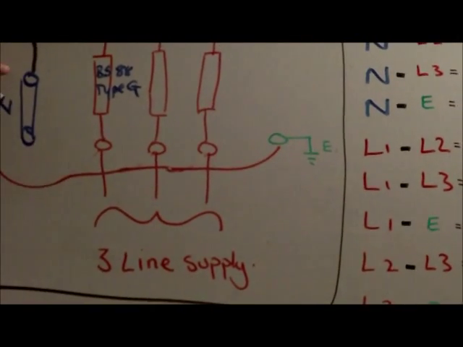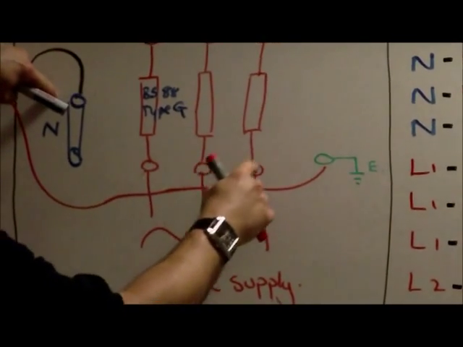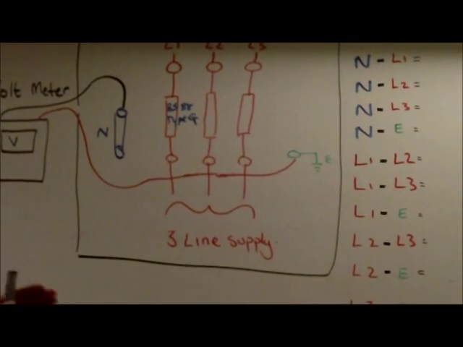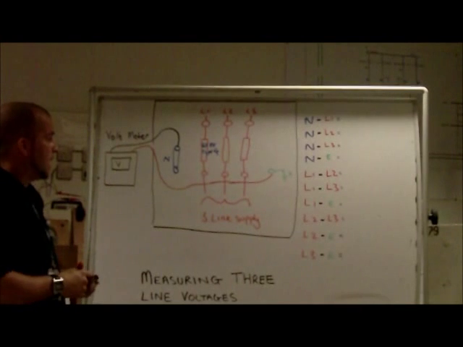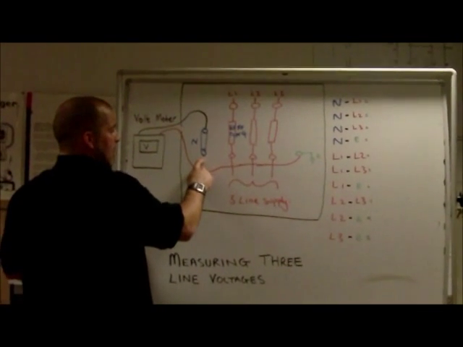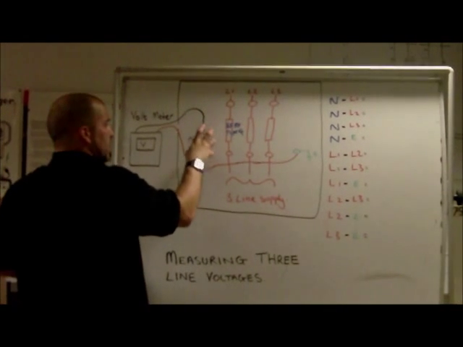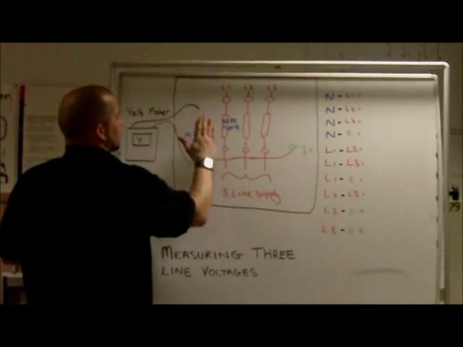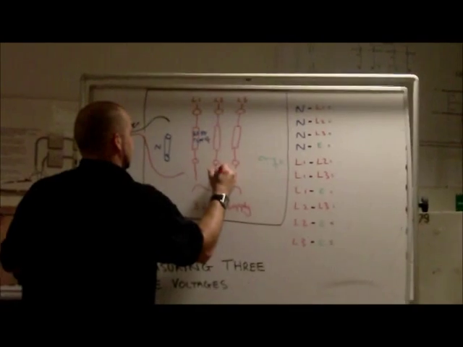It's very simple: 1, 2, 3, 4. We're not looking at the values, just the theory and the principle of measuring. Effectively, we've done every possible combination to do with the neutral conductor, so we can almost get that one out of the equation.